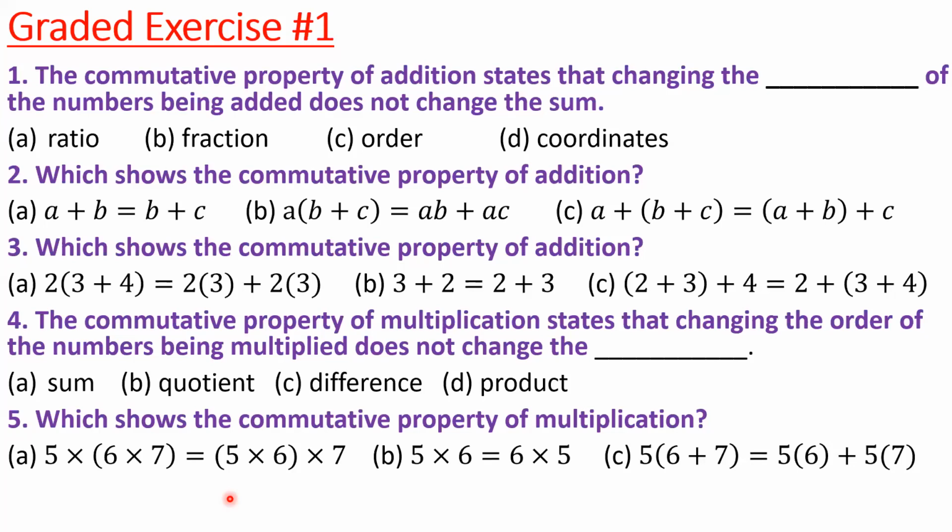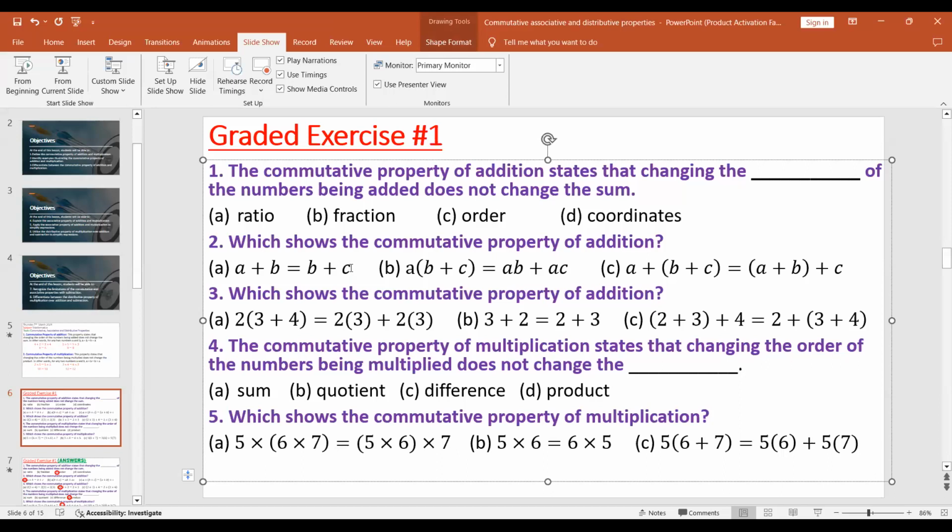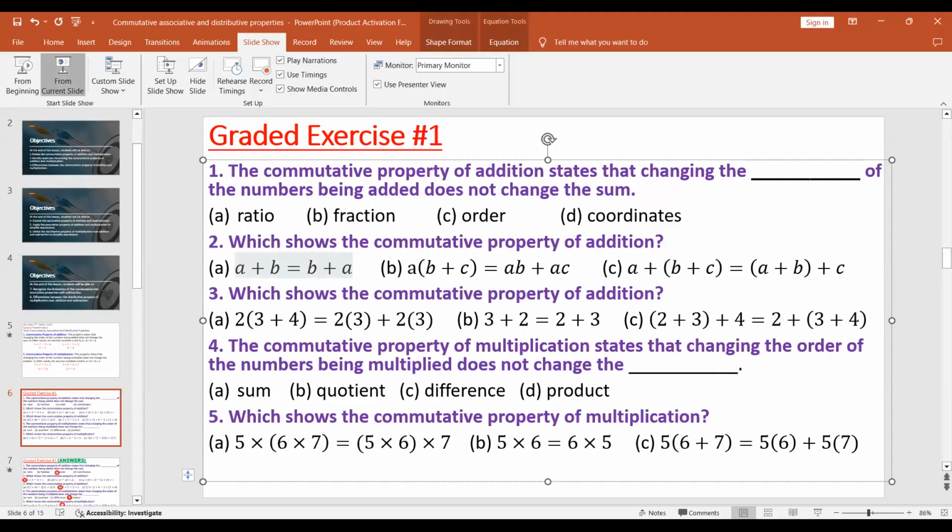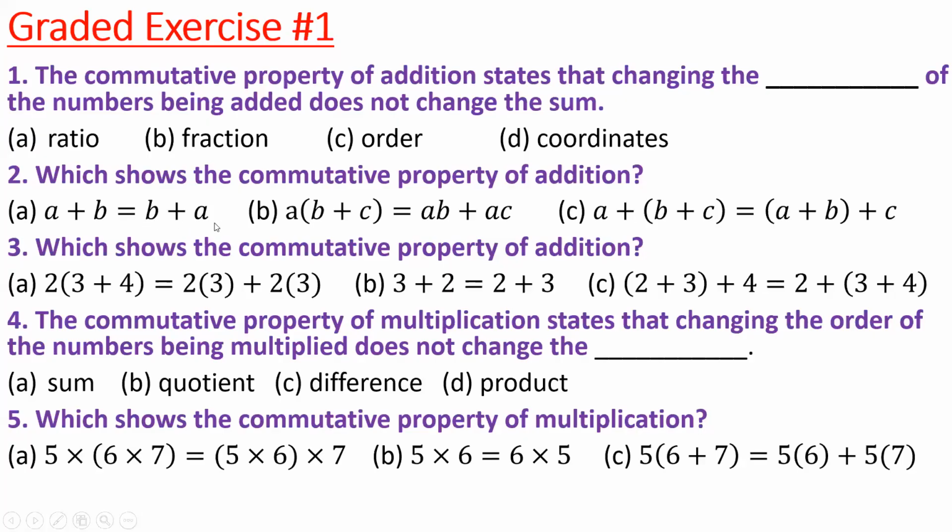Excuse me, Mr. Petit, I have a question. Go ahead, Naya. For 2A, is that C supposed to be an A or a C? Yeah, you're right. This is supposed to be BA. I just finished and realized I didn't answer that question. Yeah, that's right. It's supposed to be A plus B equals B plus A.